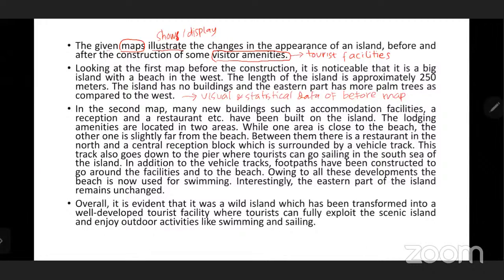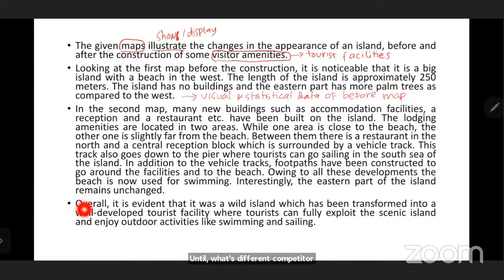Gitu. Okay, same format as usual. This is introducing the title by paraphrasing. And this one, they're talking about the first map, before the construction. They detail it. And then the third paragraph, they talk about the second map and tell what's different compared to the first one.